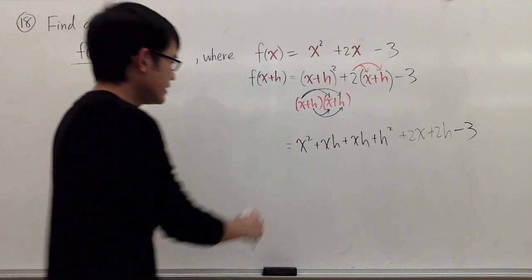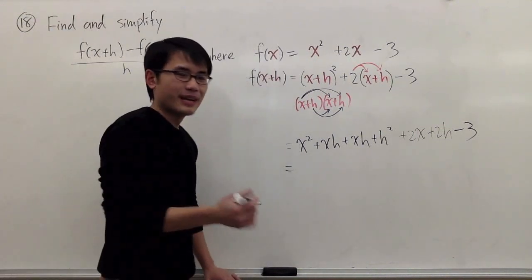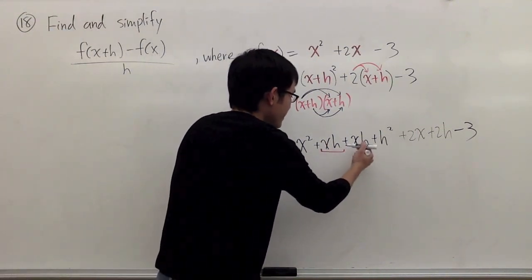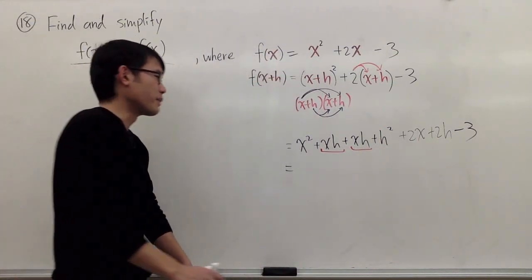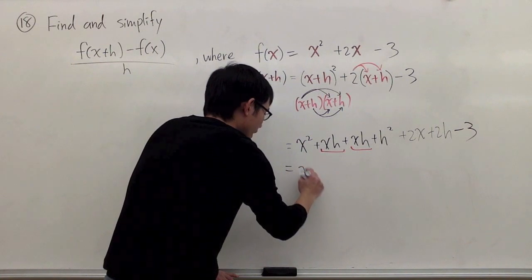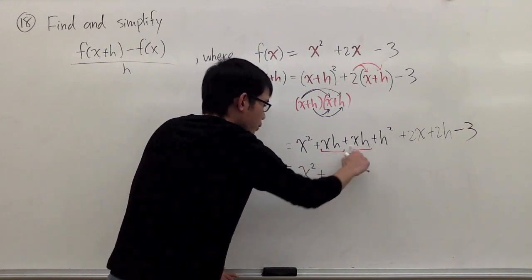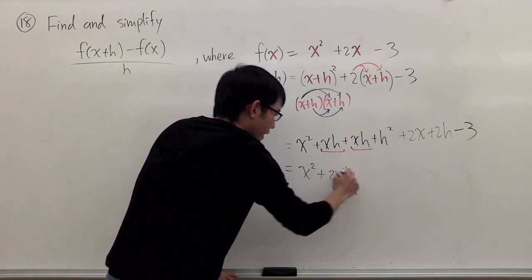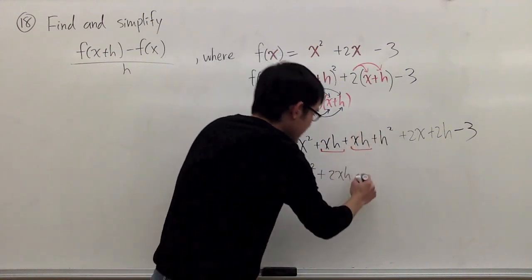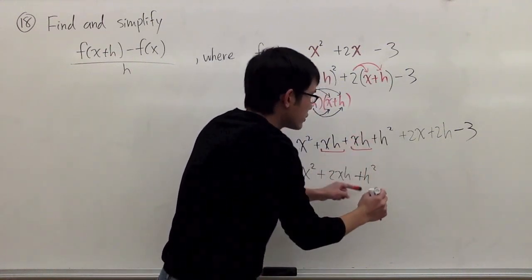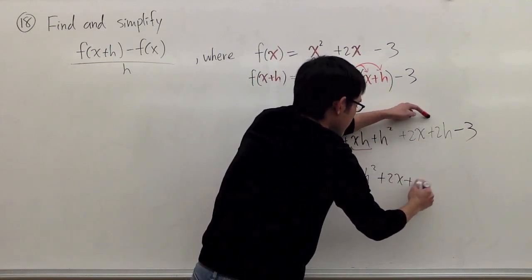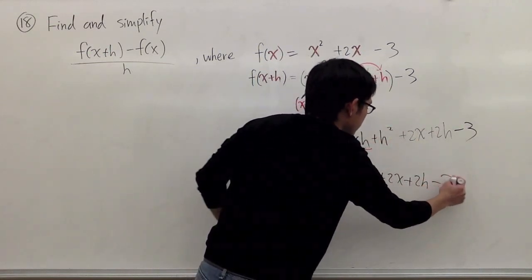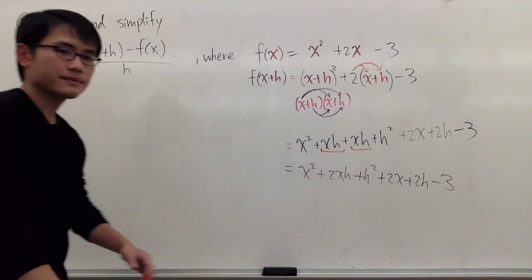I think the only thing we can combine is the xh and the xh. So we have x squared plus 2xh plus h squared, plus 2x plus 2h minus 3.